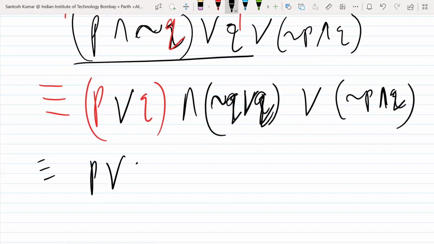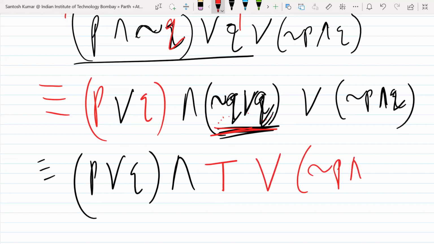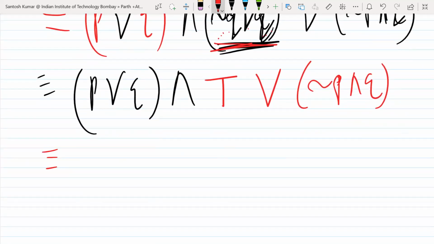So first look at this: P or Q and. So not Q or Q will be what? Q is true, not Q is false; if Q is false, not Q is true. True or false is always true. So check if I make a mistake, please let me know.